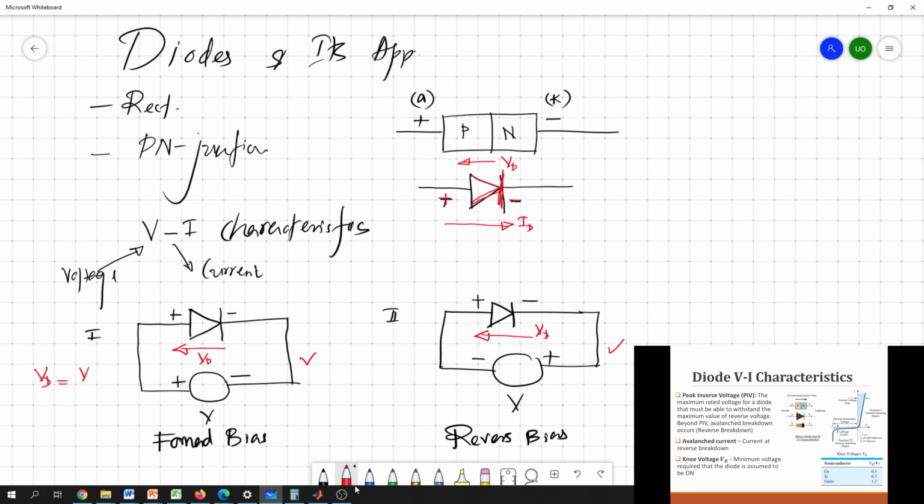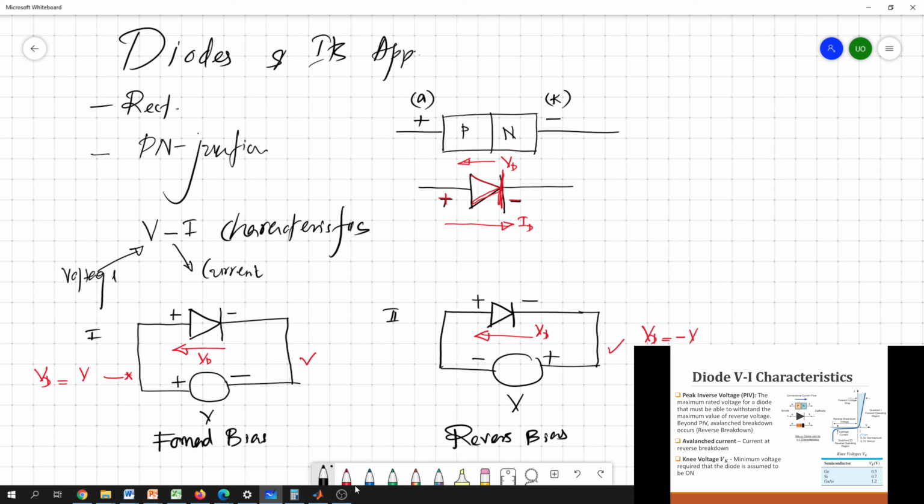So the voltage drop across the diode is exactly equal to the voltage of the external source. For this reverse case, once you apply Kirchhoff's voltage law, the voltage drop across the diode is equal to the minus of the source voltage.